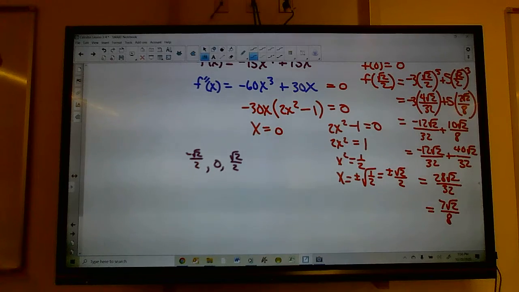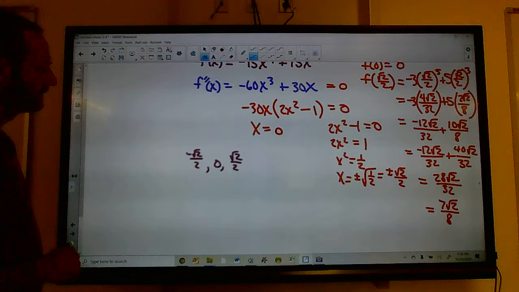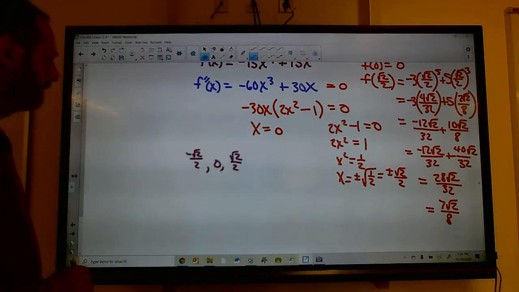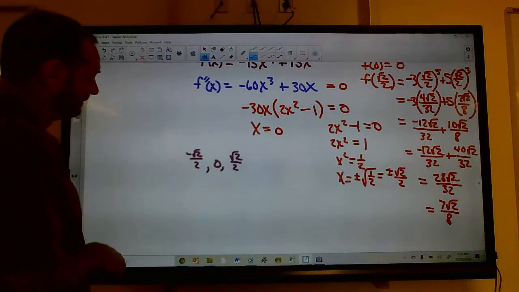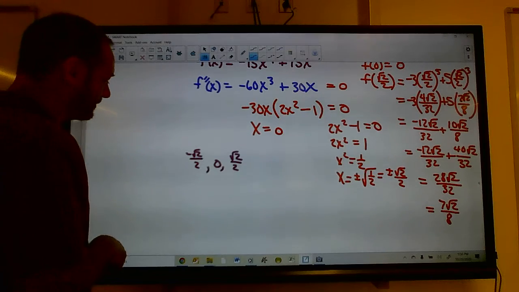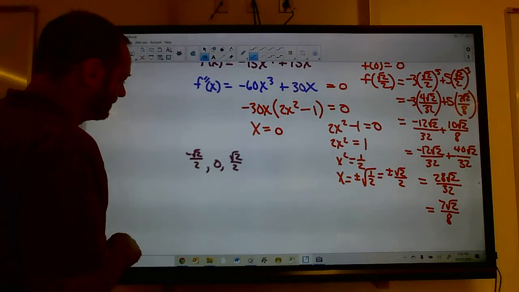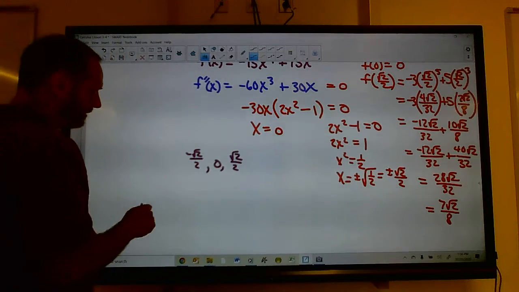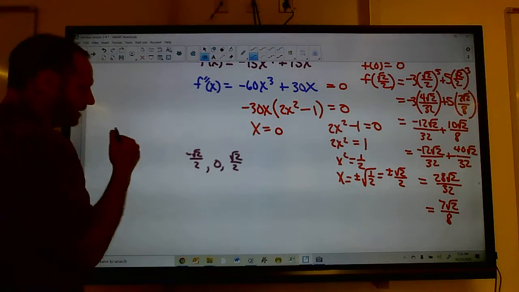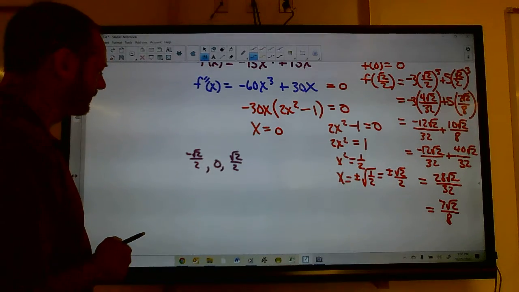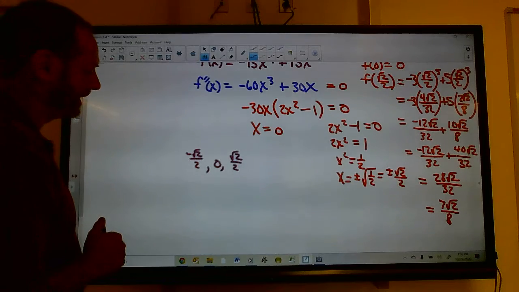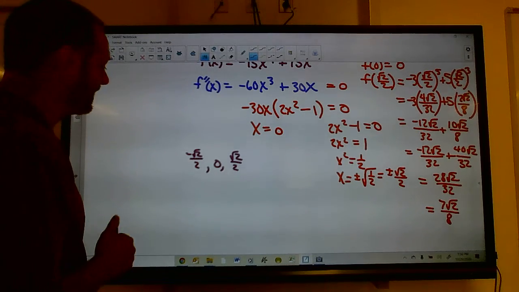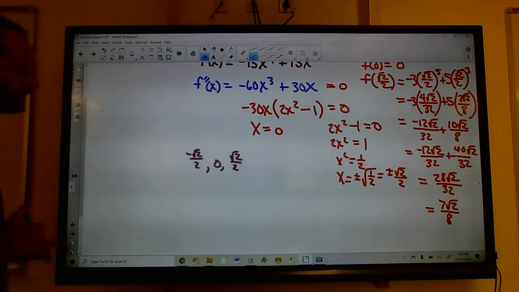And I want to test concavity for this, the second derivative test. I would pick something like, I don't know, -3, negative 1/2, and positive 3. So I have 4 regions to test.